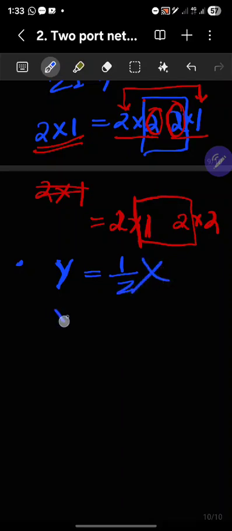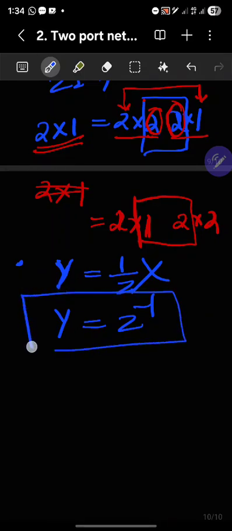Y is the inverse of Z, since Z is a matrix. Always remember, Z is a matrix. So for a matrix, it is not 1 by Z, it is Z inverse. We have to find the inverse of the matrix, then that will be equal to the Y matrix. But Y is not equal to 1 by Z. In terms of matrix, 1 by Z is not equal to Z inverse.